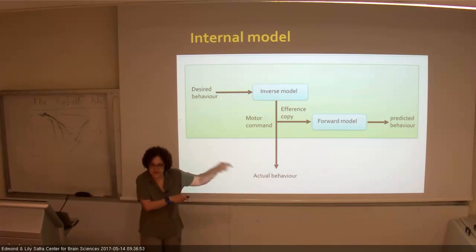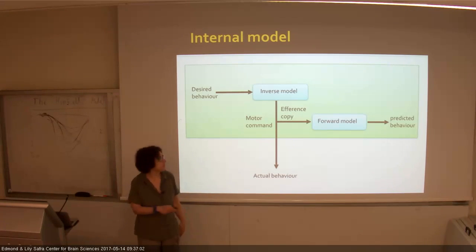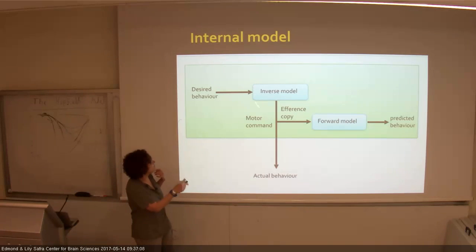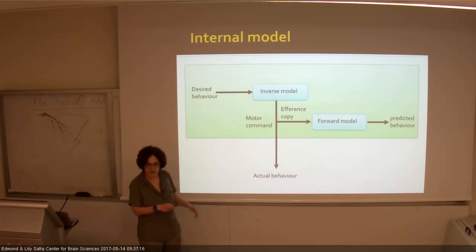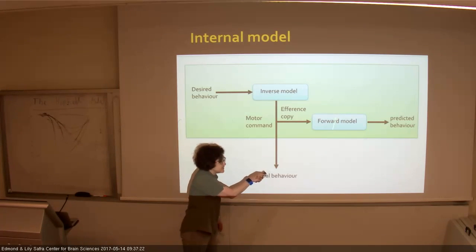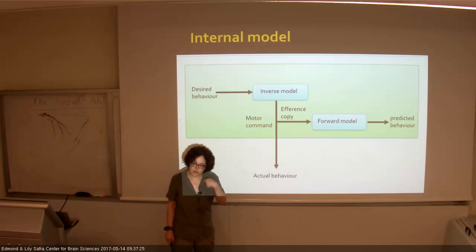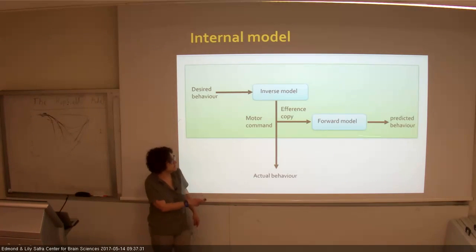So if the inverse model and the forward model are computed by two different networks, errors that could happen because of problems in the internal model or some miscalculation of sensory feedback at this level are not necessarily transmitted here. So this is a sort of checkup system at the level of the motor command, even before we perform the action. It's not a single system.